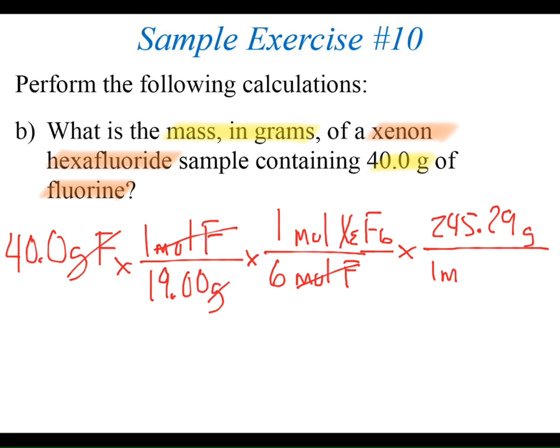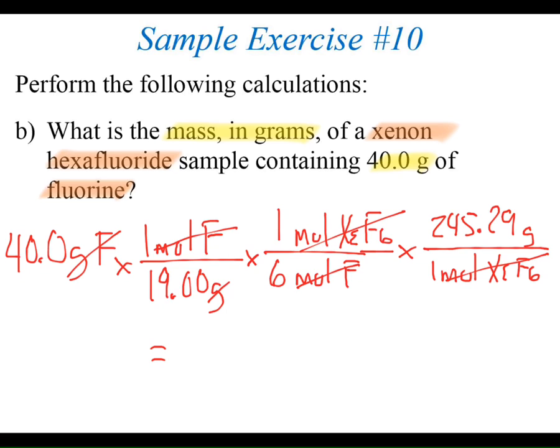That's the mass of a mole of XeF6. Okay, so you multiply that all out. 3 sig figs, 4 sig figs. By the way, I should mention this ratio is a counting number, so that's exact. There's exactly 6 in there. That's exact. So 3, 4, exact, 5.